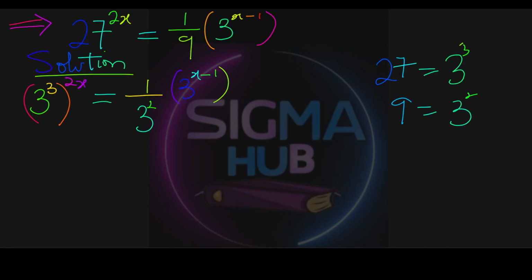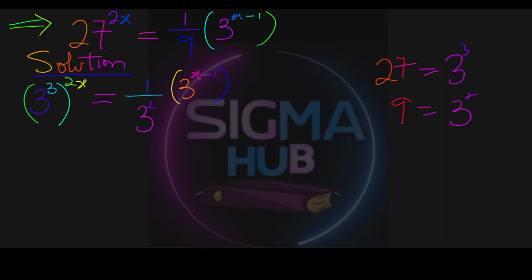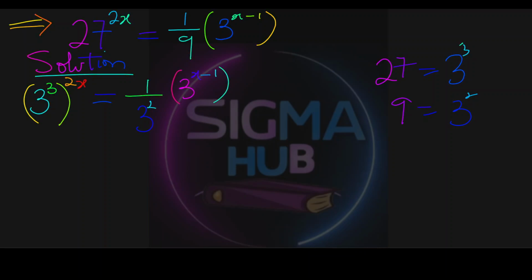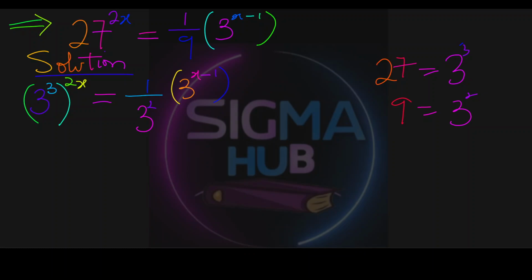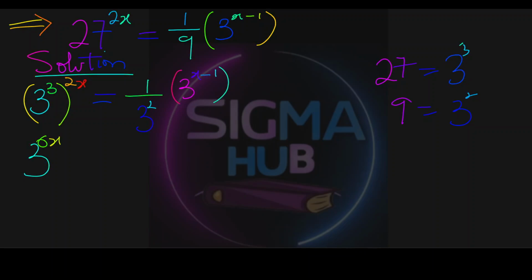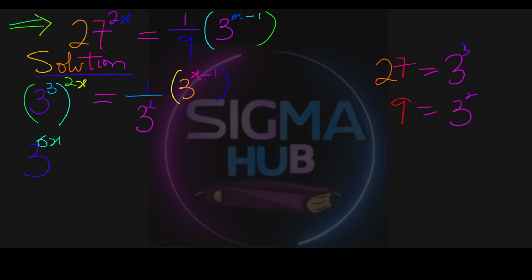So I can cross multiply, or I apply the division of indices since they all share the same base. I can quickly do that, but let me cross multiply. So using cross multiplication, I'll be having 3 raised to the power of 6x. Don't forget, 3 raised to the power of 3 then raised to the power of 2x is going to be giving us 3 raised to the power of 6x.